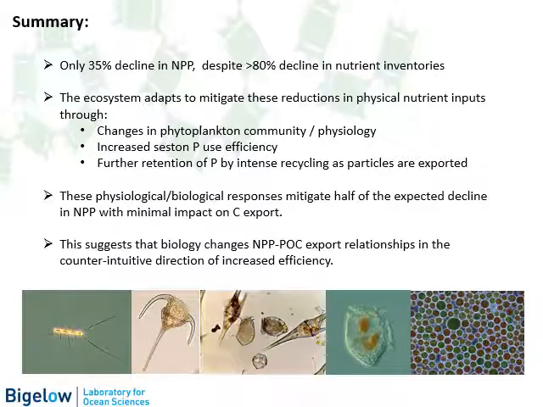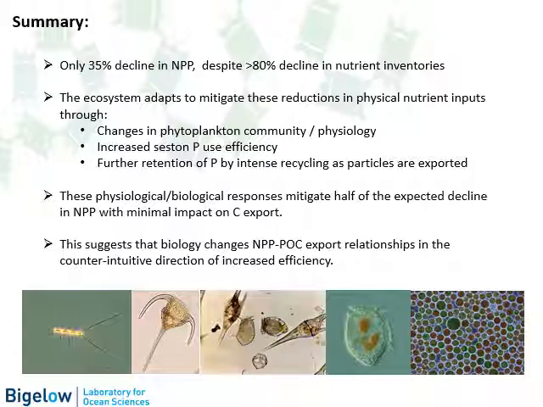So just quickly to summarize, there's a 35% decline in net primary production despite an 80% decline in nutrient inventories. And I would argue the ecosystem is adapting to mitigate these reductions in physical nutrient inputs through changes in the phytoplankton community and/or their physiology, leading to increased seston P use efficiency and further retention of P by intense recycling as those particles are exported.